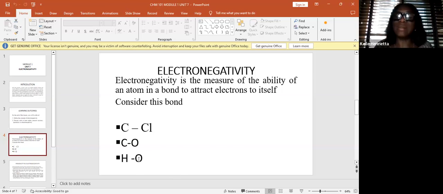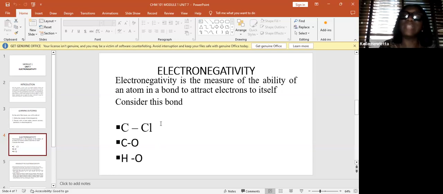And once this atom attracts electron to itself, the electronegative one will become partially negatively charged. It is not fully negatively charged because it did not remove the electron completely to itself.